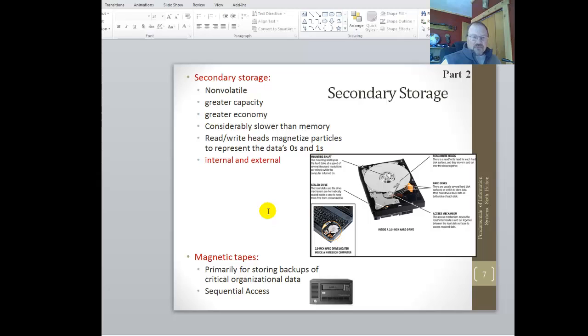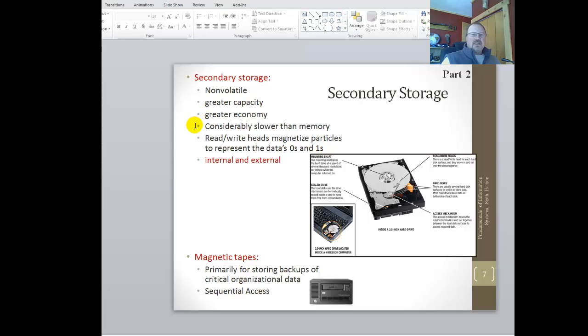That also covers flash drives or thumb drives, CDs, DVDs, Blu-rays. Secondary storage is non-volatile and has a greater capacity than primary storage, than memory does. That means there's a greater economy, so you can buy more gigabytes or terabytes for a lesser amount of money than you can for main memory, for RAM.